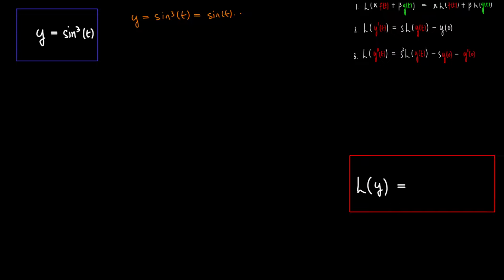So I'm writing this as sine of t times sine squared of t, so that this ends up being sine of t times 1 minus cos squared of t, and this is just sine of t minus, sorry, sine of t times cos squared of t.